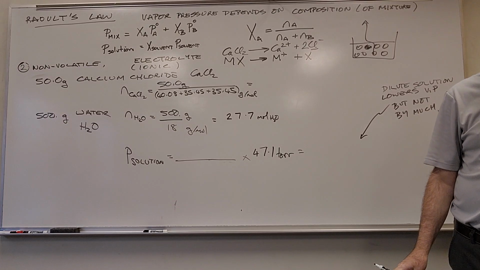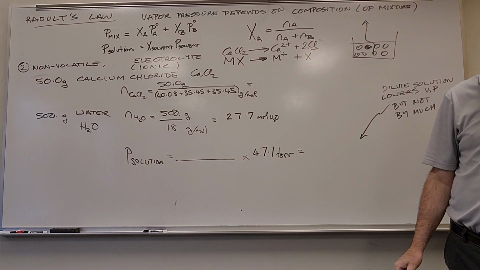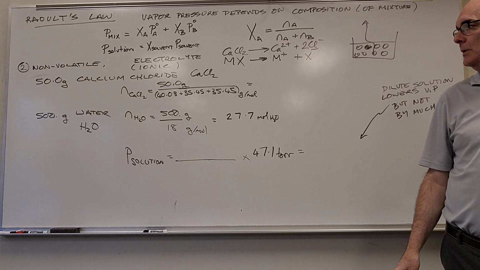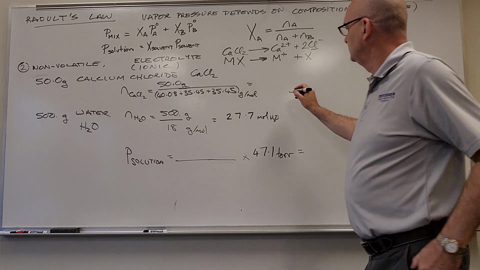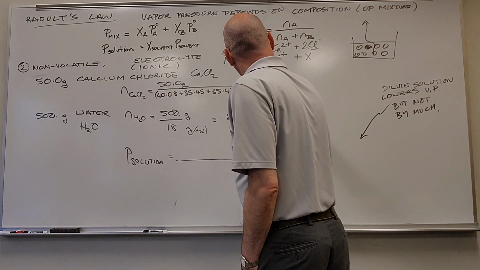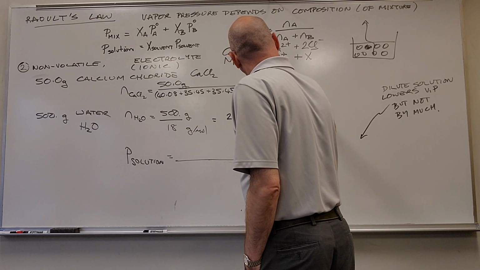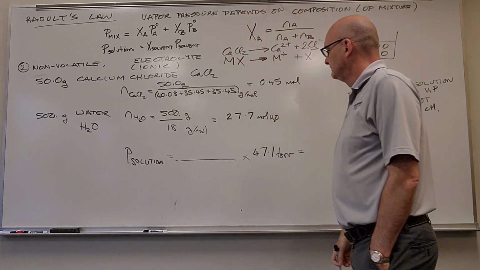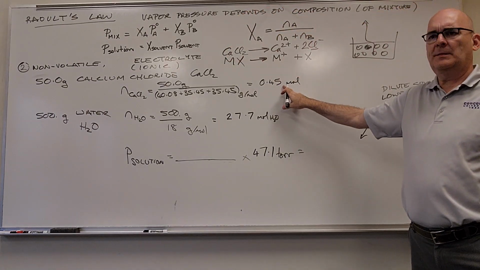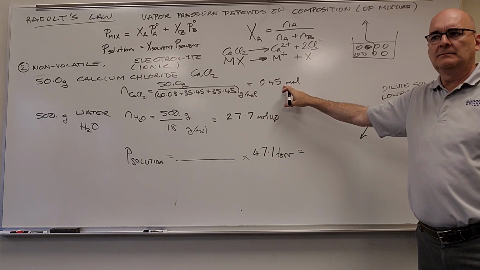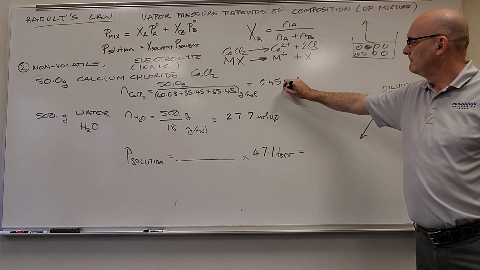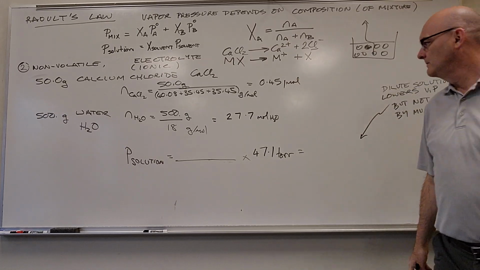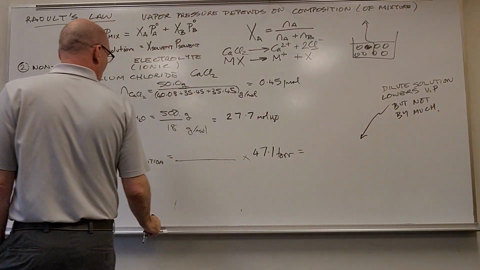It comes out to be about 111. So the number of moles is 0.5. Do we have a third decimal? I might have a third one. Yeah. What's the number that goes here? 1.